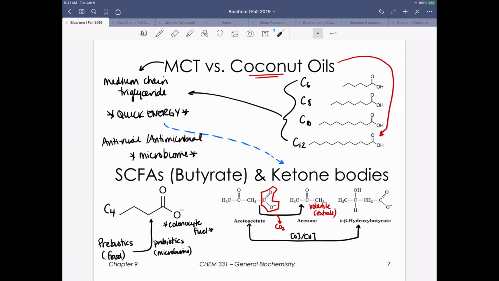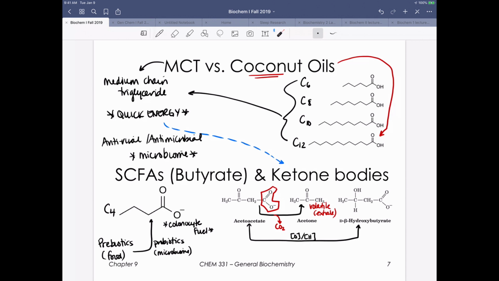We talked a little bit more then about going to these smaller fatty acids. So again, looking at fatty acids between 6 and 12 carbons, we call these medium chain triglycerides. That's what this MCT stands for. What's really important with these from a dietary sense is these are broken down via a different enzymatic pathway than longer fatty acids, and they generate energy very quickly, often by the quick production of these molecules called ketone bodies.